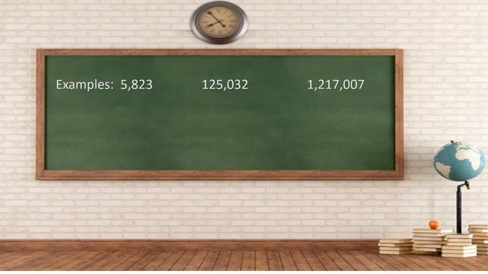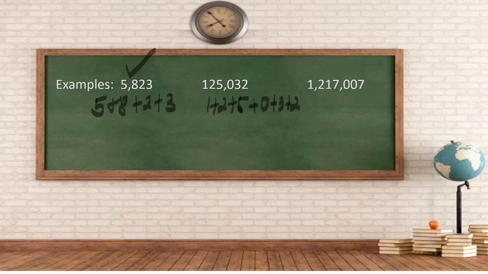Okay. Another example, 5,823. Let us add all the digits. 5 plus 8 plus 2 plus 3. This is 18. So this is divisible by 9. How about 125,032? 1 plus 2 plus 5 plus 0 plus 3 plus 2.